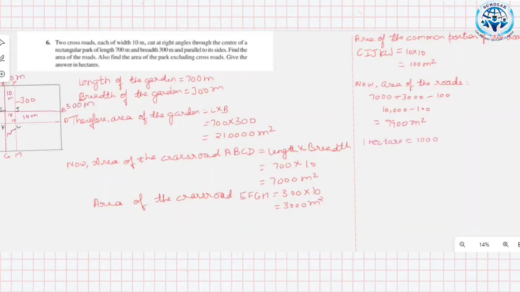The answer in hectares: 1 hectare is equal to 10,000 meter square. So we will convert this answer into hectares. 0.99 hectares.